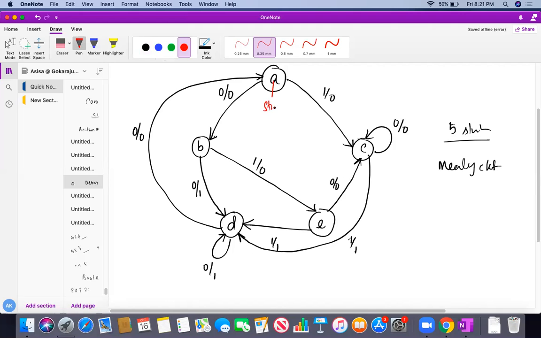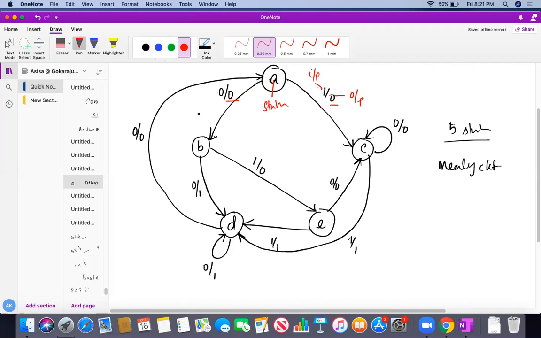In a Mealy circuit, this is my state, this is my input, and this is my output. Let's say I am at state A. At input 1 I go to state C. At input 0 I go to state B. At both times, my output is 0 for input 1 and 0 for input 0.